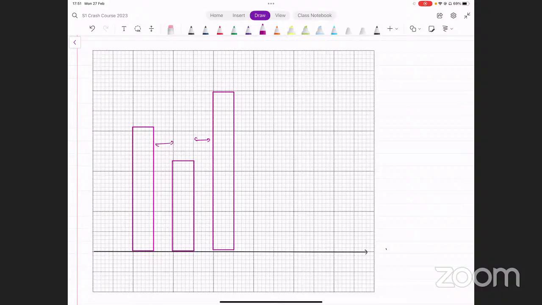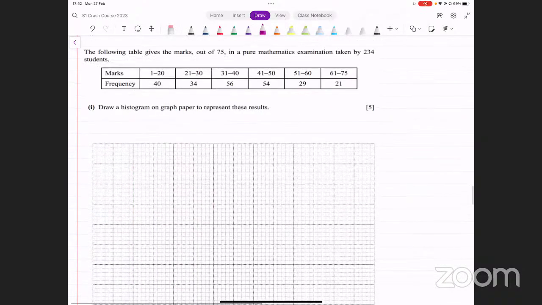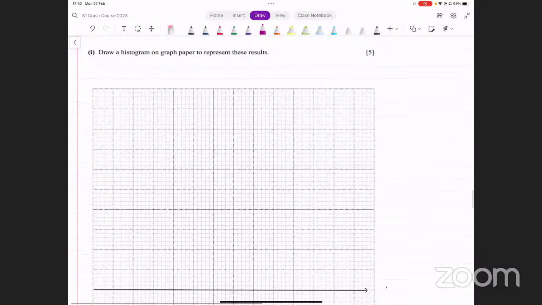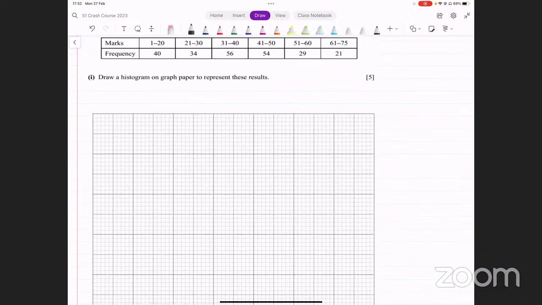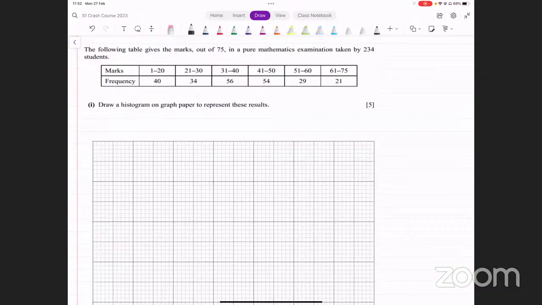Now, histograms cannot have gaps between them. So the bars in a histogram cannot have gaps between them. That's important. If you have anything looking like this, that's not a correct histogram. You're not going to have gaps between bars. Okay, that's one thing. And then on the vertical axis on a histogram, you have frequency density.